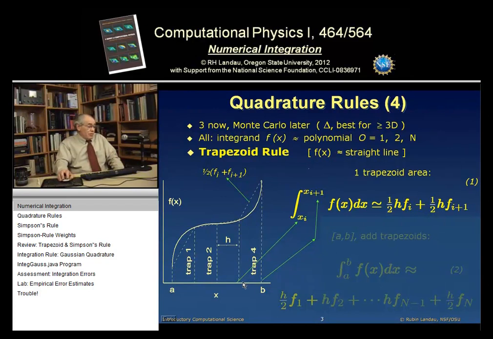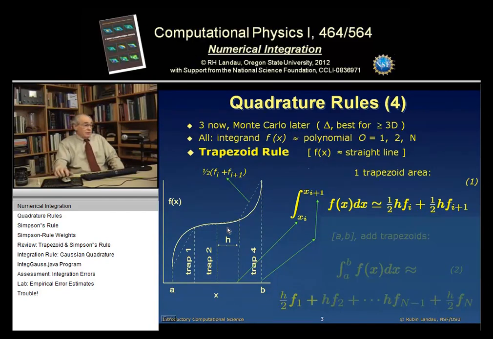So here the bottoms are always flat. The top here has an angle. It's like a little triangle added to a rectangle. We have a bunch of trapezoids. That's the approximation. We'll calculate the area for each trapezoid, add them together, and that'll be our approximation for the integral. Simple as that.